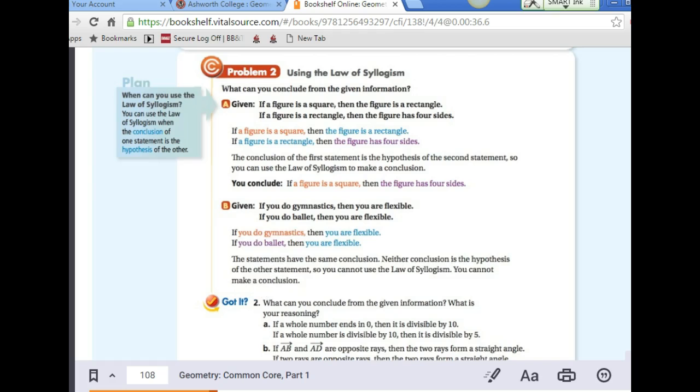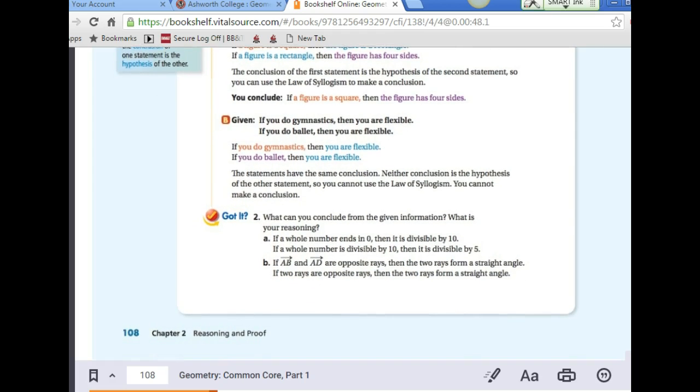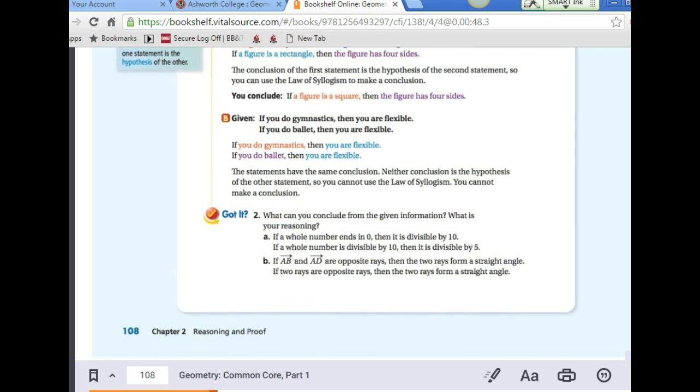All right. So let's look at a couple of Got It's here. Letter A, if a whole number ends in 0, then it's divisible by 10. Okay. That is your hypothesis and conclusion. Notice, if a whole number is divisible by 10, which picks up from the conclusion of the original one, then it's divisible by 5.